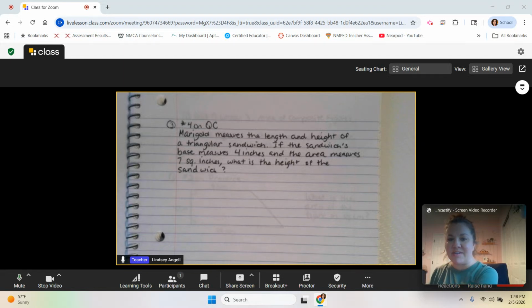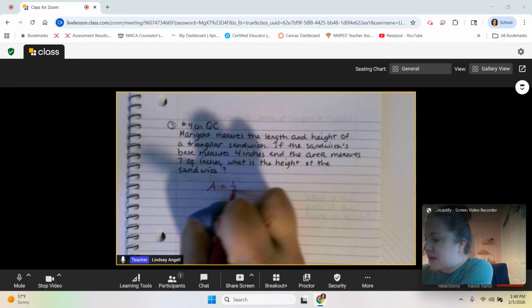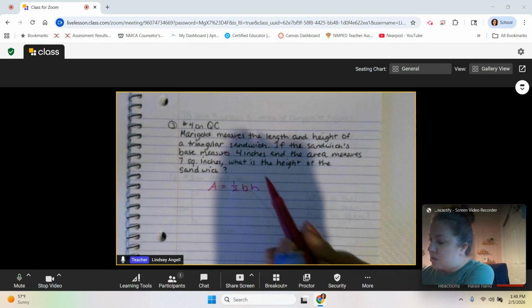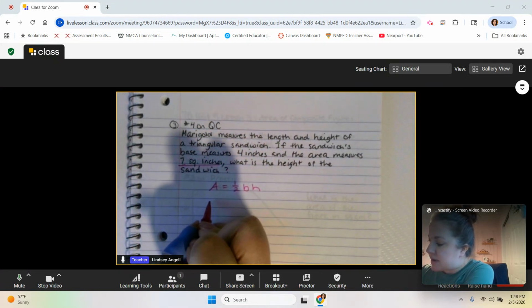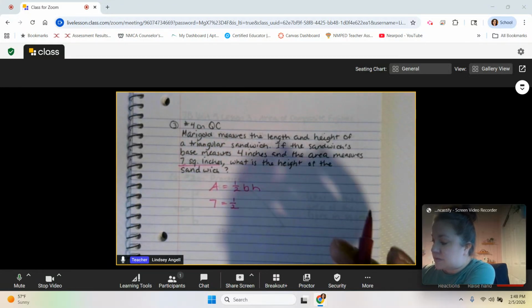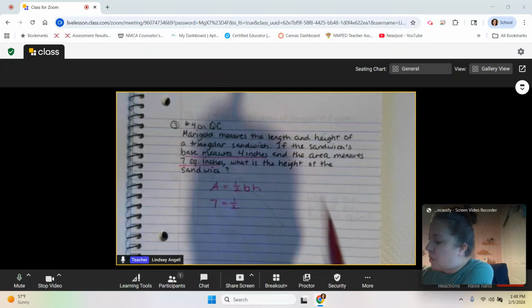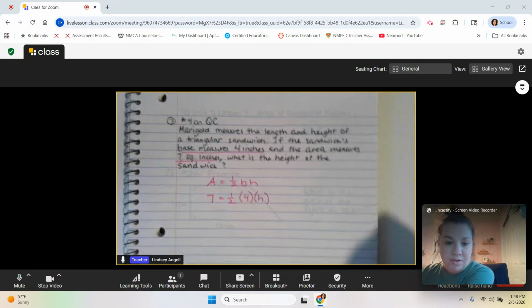Okay, so we know it's a triangle. We know that the area is equal to 1/2 the base times the height in a triangle. They gave us the area, they said that was 7 square inches, so I can plug that straight into my equation. 1/2 stays as 1/2. The base measures 4 inches, and we are looking for the height.